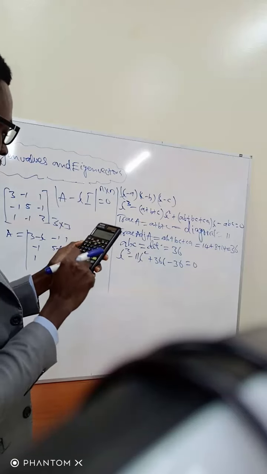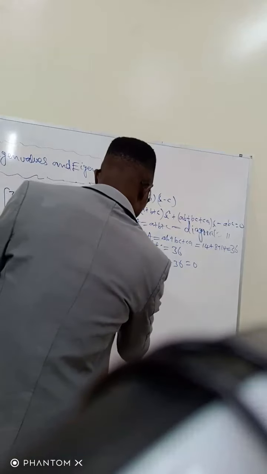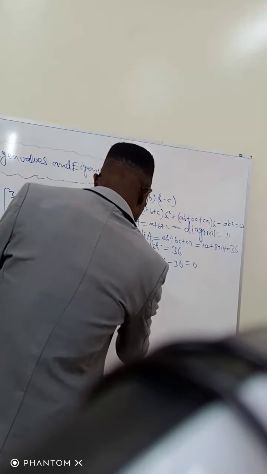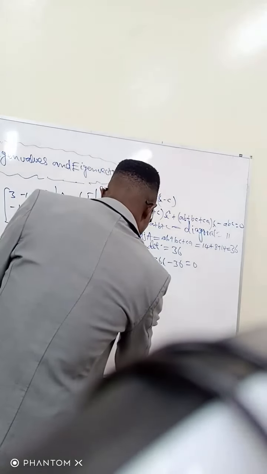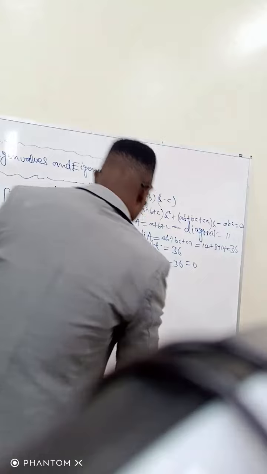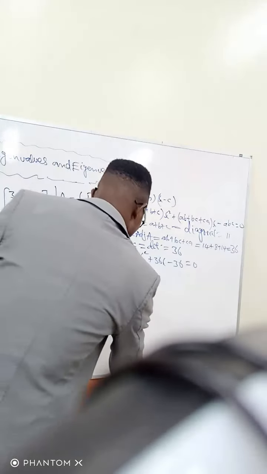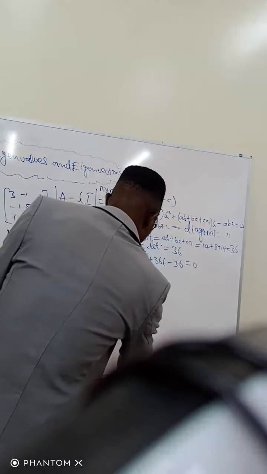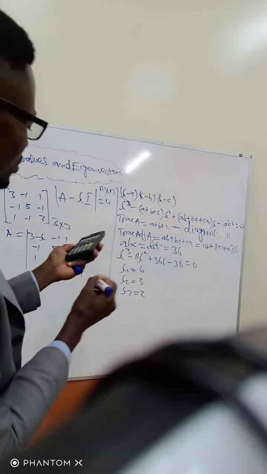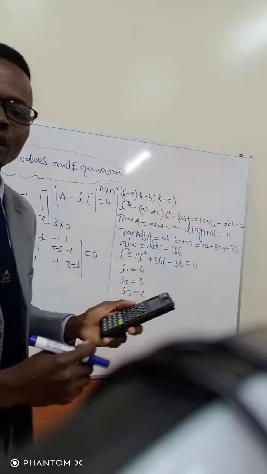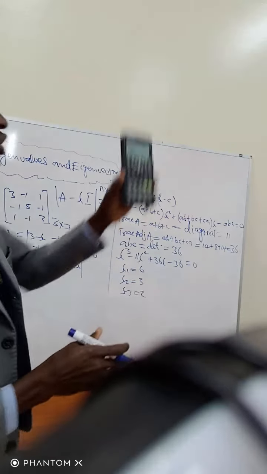So now we find our eigenvalues. Lambda 1 is equal to 6, lambda 2 is equal to 3, and lambda 3 is equal to 2. So this is how you can find the eigenvalues using your calculator.